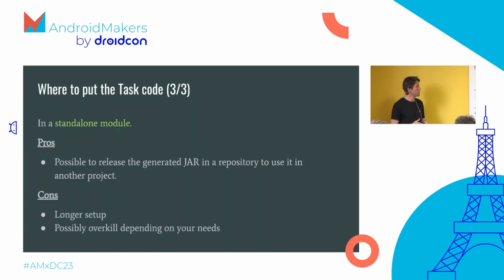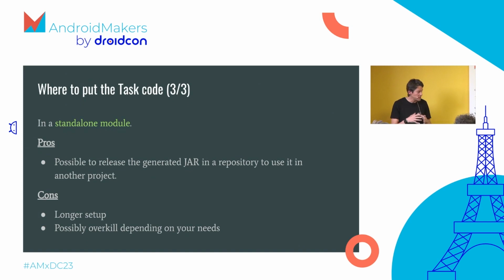The third solution is to put your task code in a standalone module. Cécile will talk about this solution later. With this solution, you don't have the disadvantage of the buildSrc directory. And moreover, it's easier with this solution to release the generated jar containing your task code on a repository in order to use it in other projects.